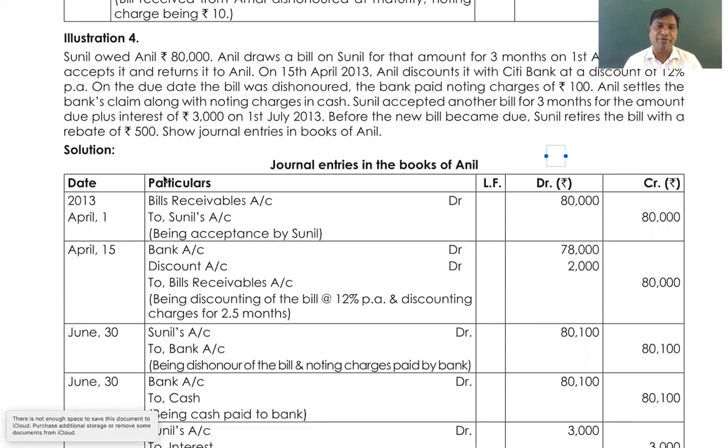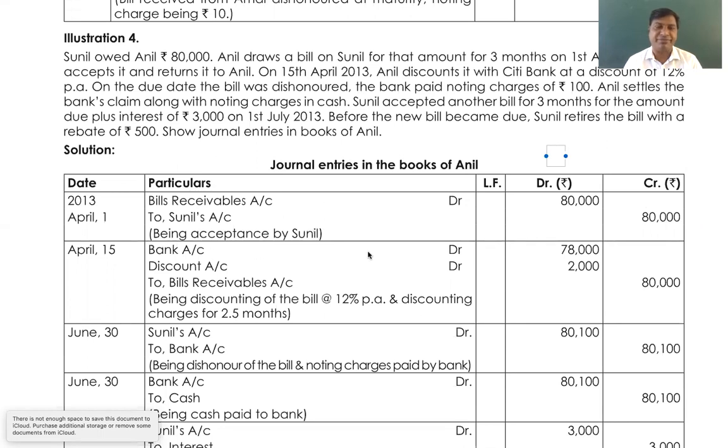So therefore, bill receivable account debit, 80,000, to Sunil's account, 80,000. Sunil has accepted this amount of 80,000. So you write like this: being bill drawn by Anil and accepted by Sunil.